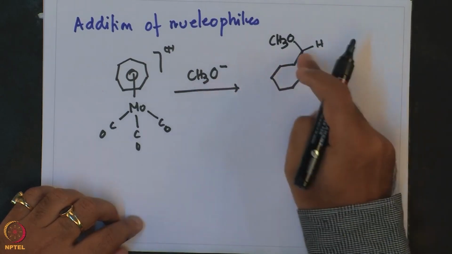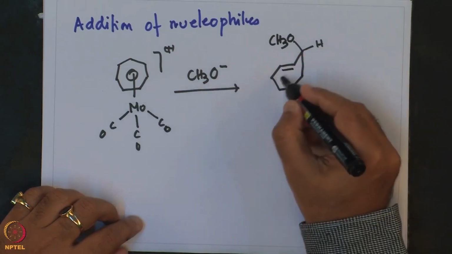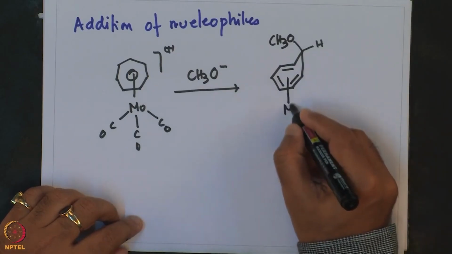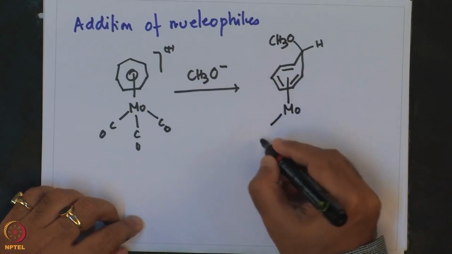So, CH3O attacking the ring, molybdenum.